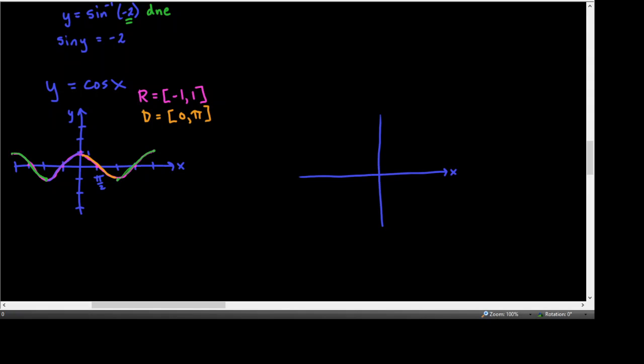Okay, let's graph the inverse. As we did last time, we'll number the x-axis by 1s because all the x and y stuff switches when you do the inverse. And we'll make our marks on the y-axis every pi over 2.